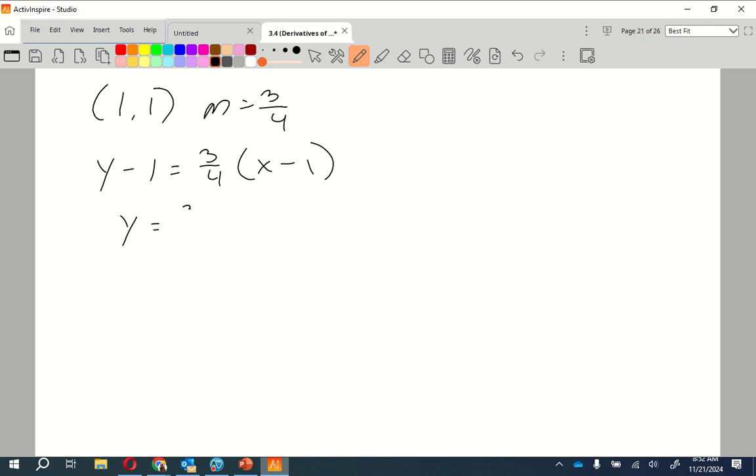Y equals 3 over 4, x minus 3 over 4, plus 4 over 4. So all I did is I added the 1 to both sides, but my plus 1 turned into plus 4 over 4 right there, so I can combine those a little bit easier.